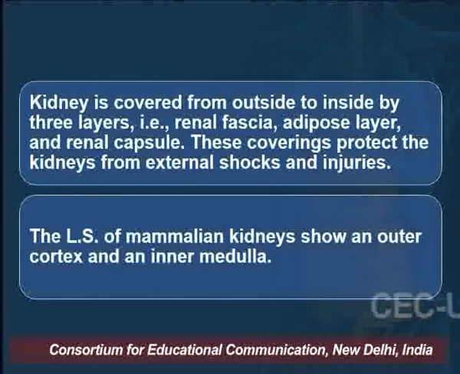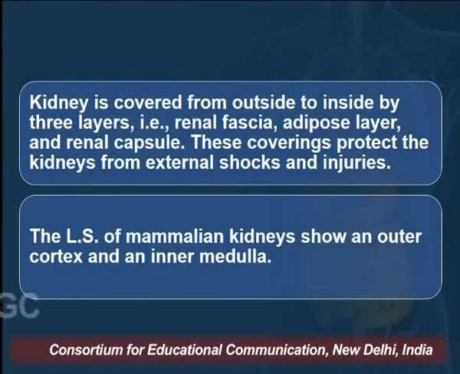So, the kidney is covered from outside to inside by three layers, that is renal fascia, adipose layer and renal capsule. These coverings protect the kidney from external shocks and injuries. The longitudinal section of the mammalian kidney shows an outer cortex and the inner medulla.